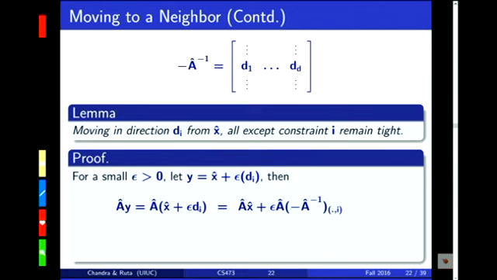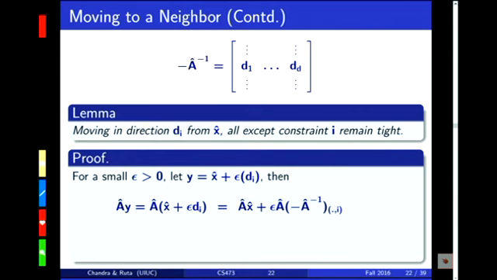But when I multiply a matrix and its inverse, what do I get? Identity matrix, right? And what is the ith column of this identity matrix? You just have zeros and 1 at the ith coordinate and zeros, right? It's the ith unit vector, right?